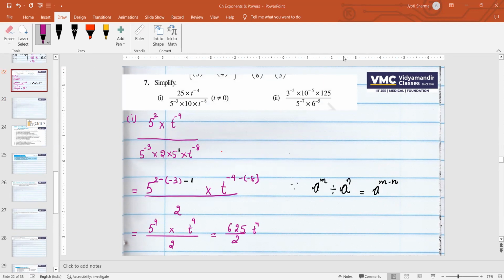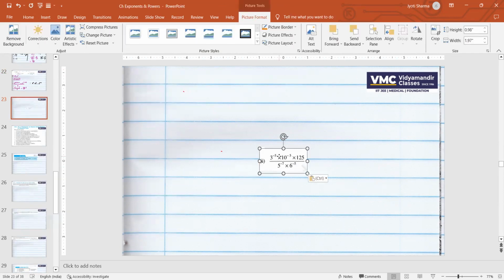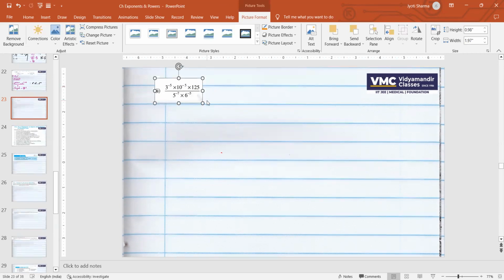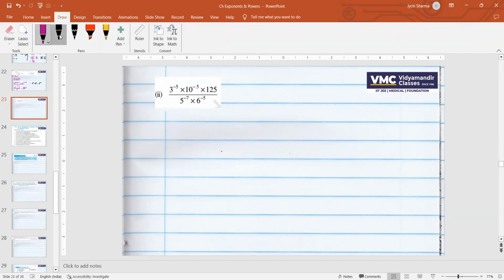Same here, you can see that 10, 6 and 125 are composite numbers. We will be having them as bases of prime numbers.